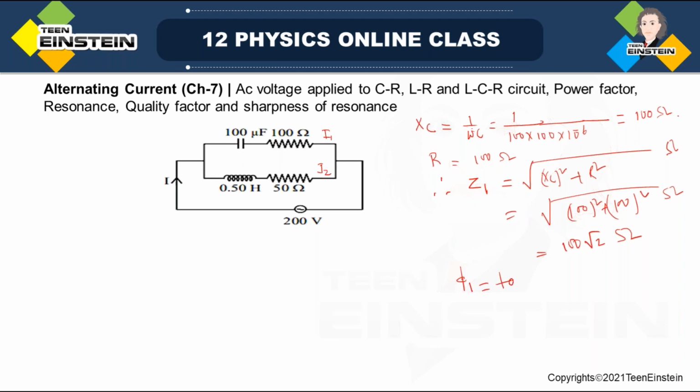Phi 1 could be written as tan phi, that is Xc by R. So Xc was 100, and this will be Z1, not R. Xc by Z1, where Z1 is 100 root 2. So this is again a ratio, and this will give you 1 by root 2.